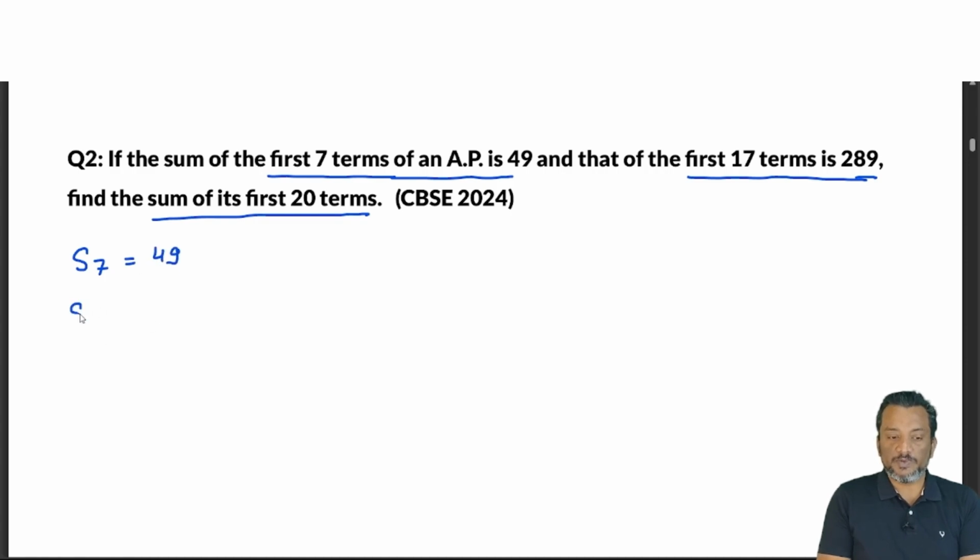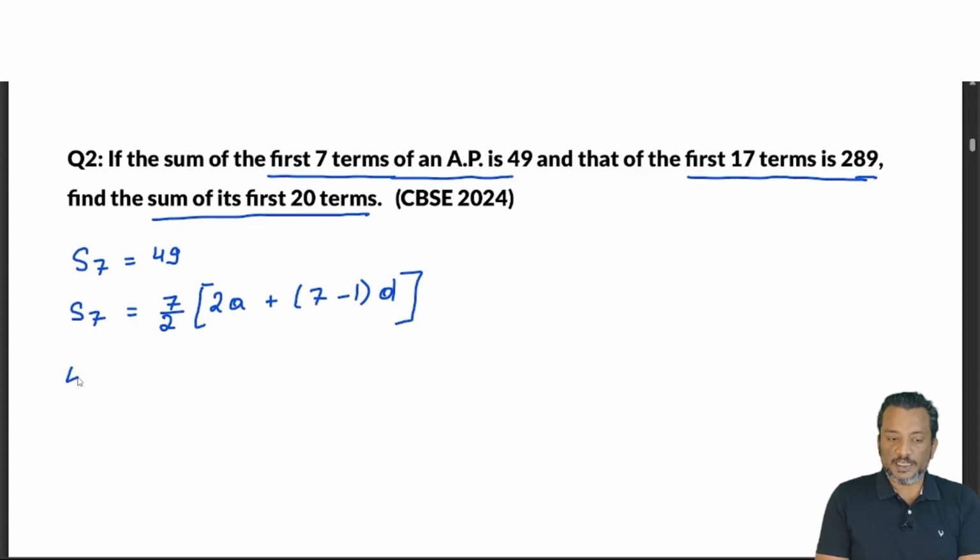Same way, S7 is equal to 7 over 2 times (2A plus (7 minus 1) into D), where A is our first term. We have not been given A and D, so first we have to find the first term and the common difference.